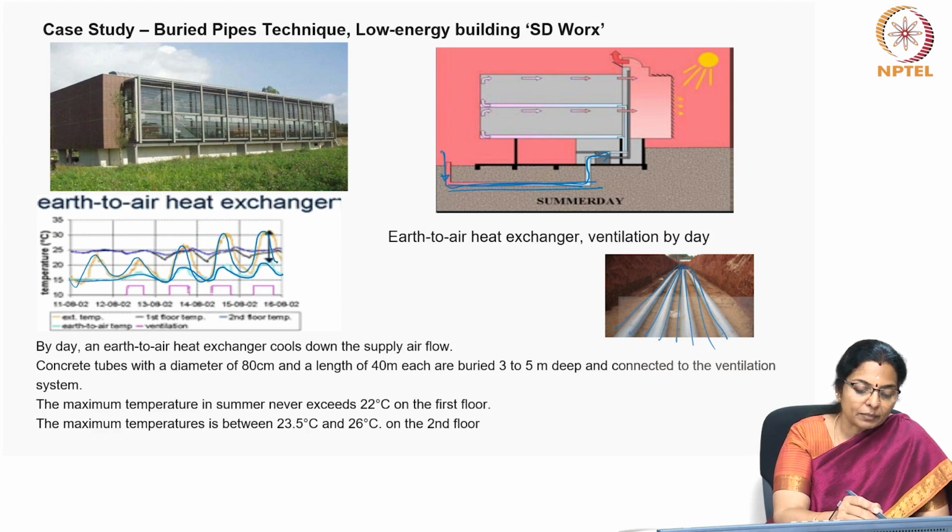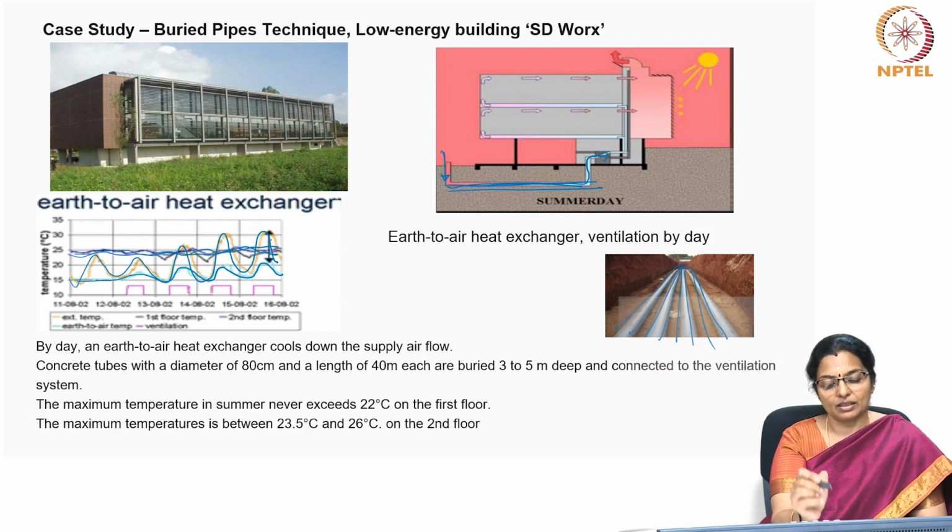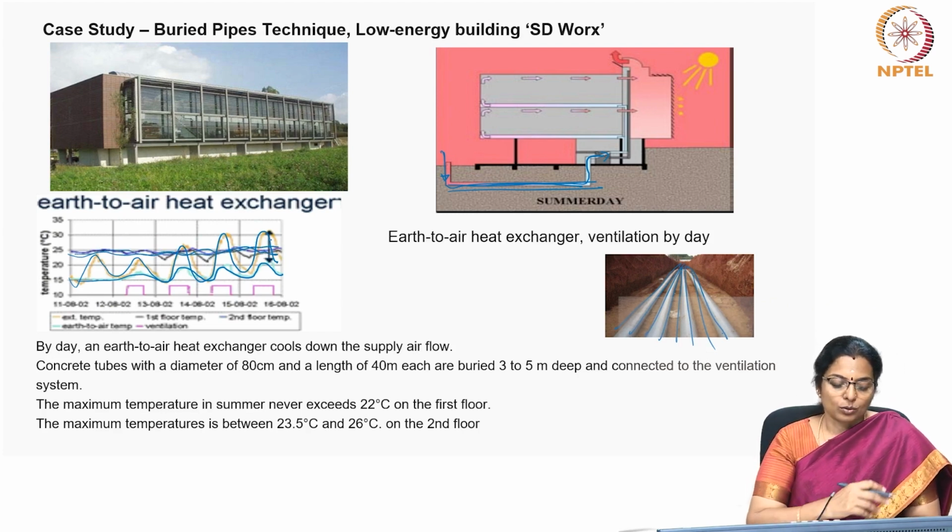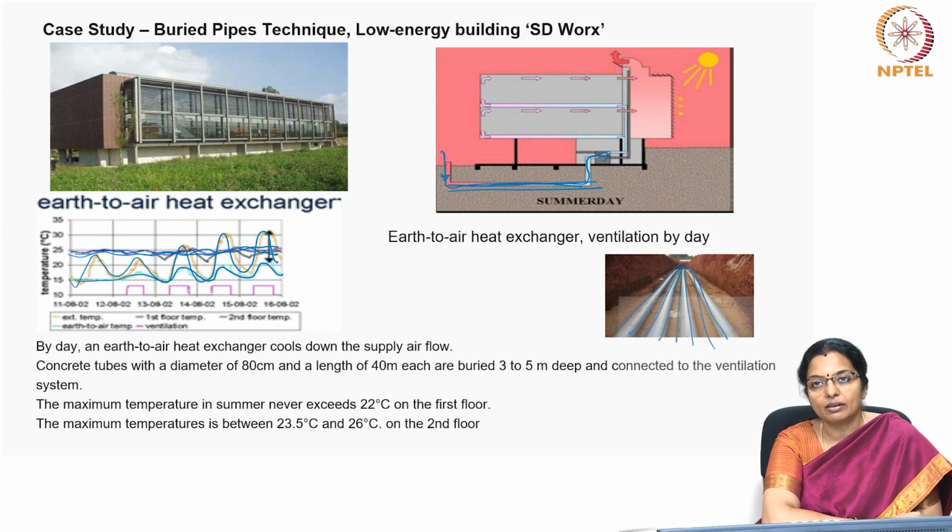The first floor temperature is almost stable here, and the second floor temperature is also on similar lines. So, the maximum temperature in summer never exceeds 22 degrees centigrade on the first floor, and the maximum temperature is between 23.5 degrees to 26 degrees on the second floor, making the indoors extremely comfortable and free from most of the common active means of cooling the building.